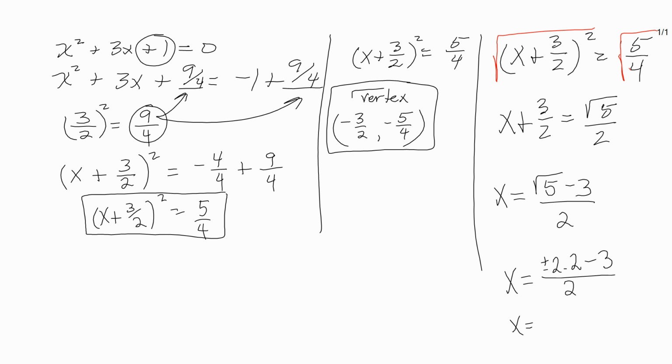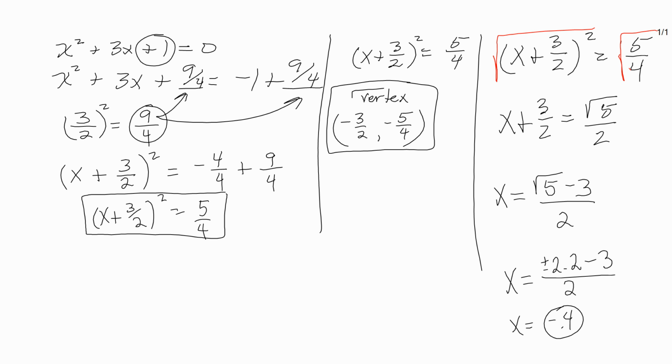All right. So what's 2.2 minus 3? 80 cents. No, $1. Let's do it forward. How about negative 0.8? Yeah. All right. Negative 0.8 divided by 2 is negative 0.4. All right.